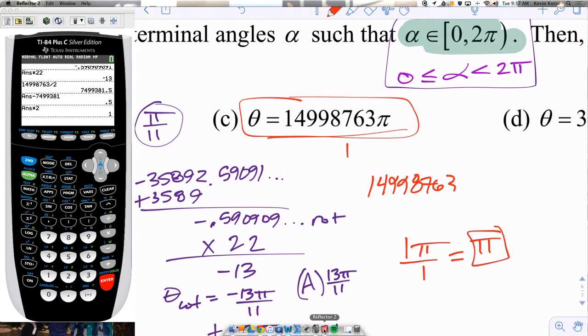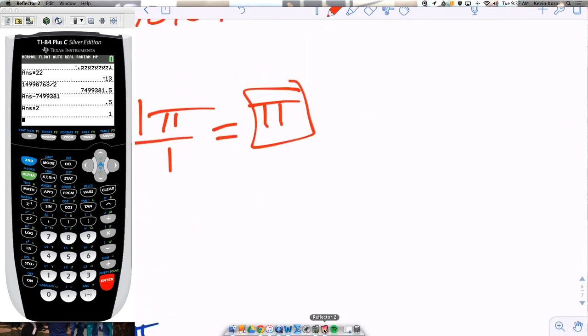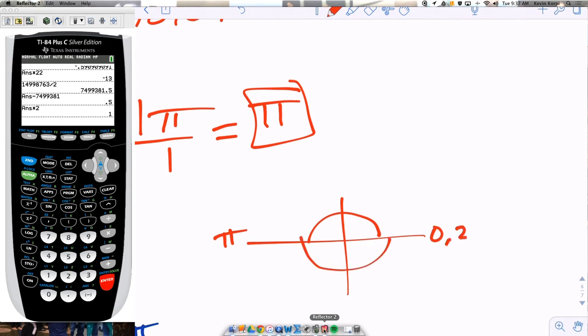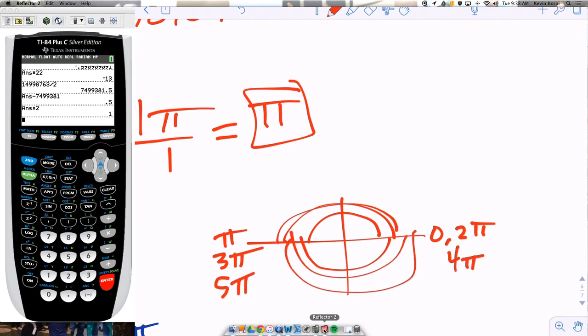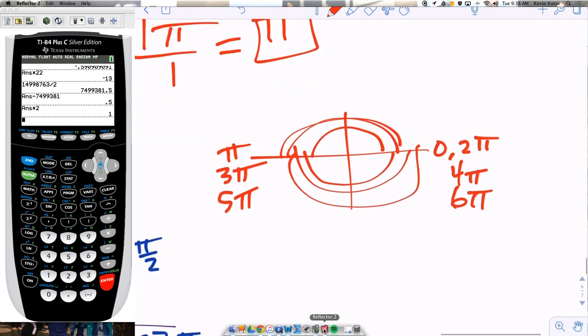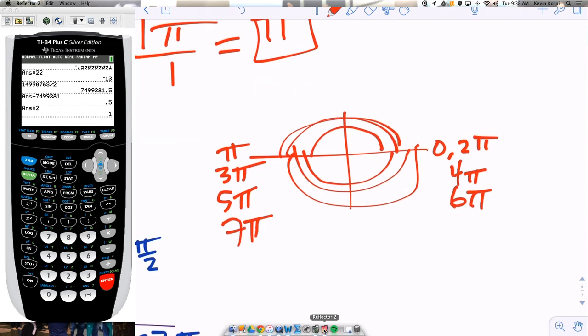Now, here's a quicker way to do that. If you ever have a full multiple of pi, just think about this, okay? Watch this. We start with 0. If I rotate over here, I get pi. This becomes 2 pi. This becomes 3 pi, 4 pi, 5 pi, 6 pi. You see a pattern? 7 pi, 8 pi, 9 pi.